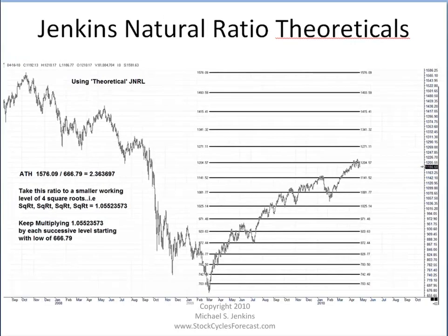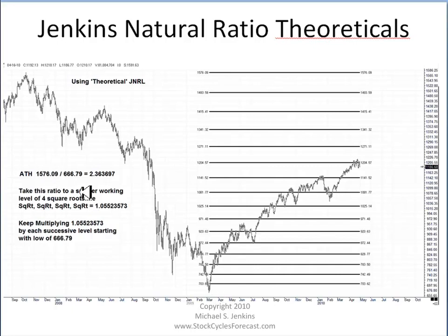We can also, if we don't have anything else, or right at the low day, if we want to find out what the prices should be and we don't have to wait for that first leg up to find out, we can use a theoretical natural ratio line. Theoretical based on the past bear market swing. So we take the bear market high on the S&P here, it was 1576.